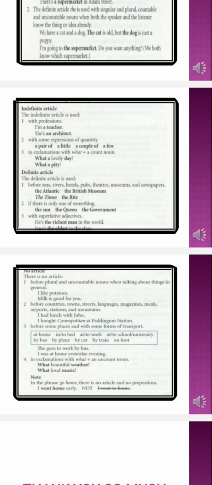Number 2, if there is only one of something, for example, the sun, the queen, the government. 3, with superlative adjectives. For example, he is the richest man in the world. James is the oldest in the class.